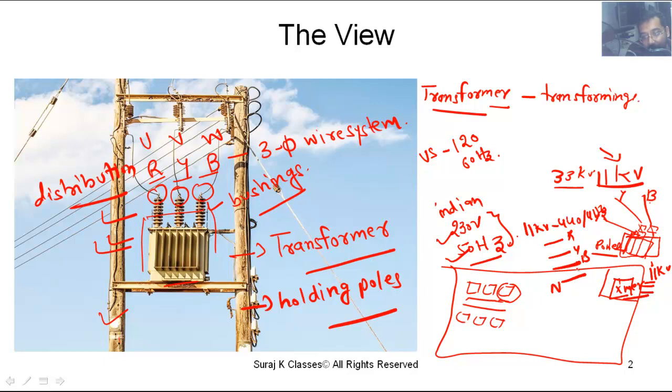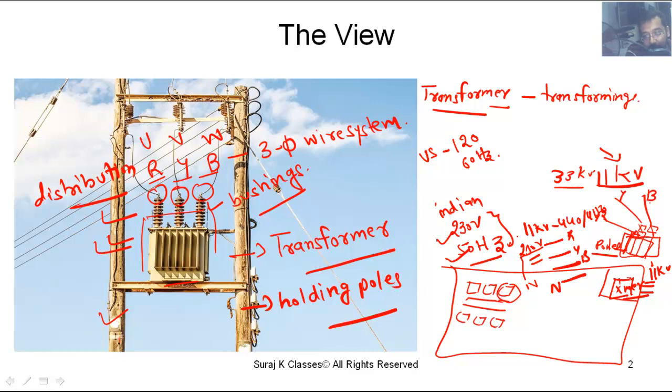Whenever we want 230 volt, this 415 volt phase can be connected directly to neutral and it will give you 230 volt. This is the concept by which we get 230 volt in our house. I hope this makes it very clear how we obtain 230 volt from this 415 volt.